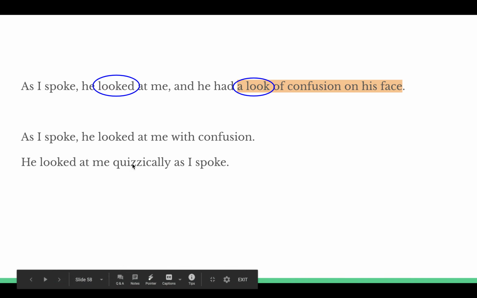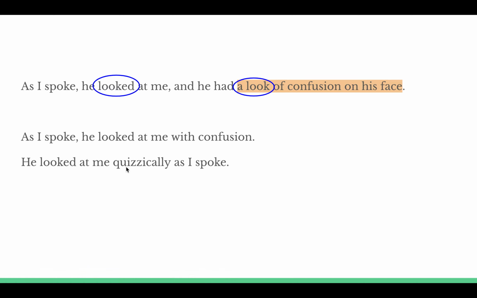Now, what I like about this is not so much that quizzically is shorter than with confusion, but that quizzically is a cooler word than confusion. And it implies confusion, but it also shows me the expression better than confusion does. I can't really explain why, but I can picture a quizzical expression better than I can picture an expression that appears with confusion, if you know what I mean.